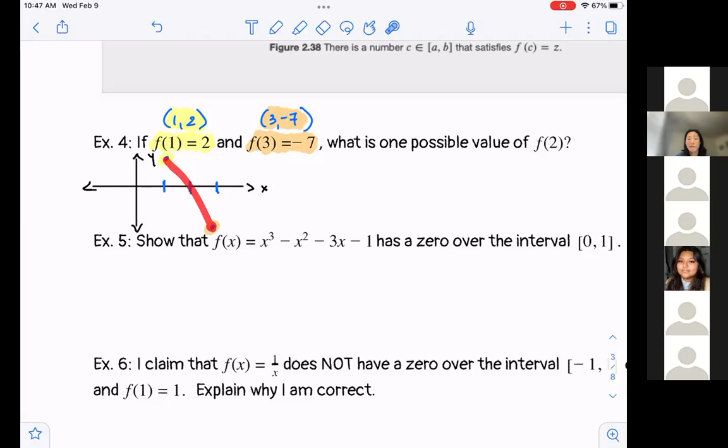And the reason we can say that is true is because in order to get from the yellow to the orange, at some point we cross this line.